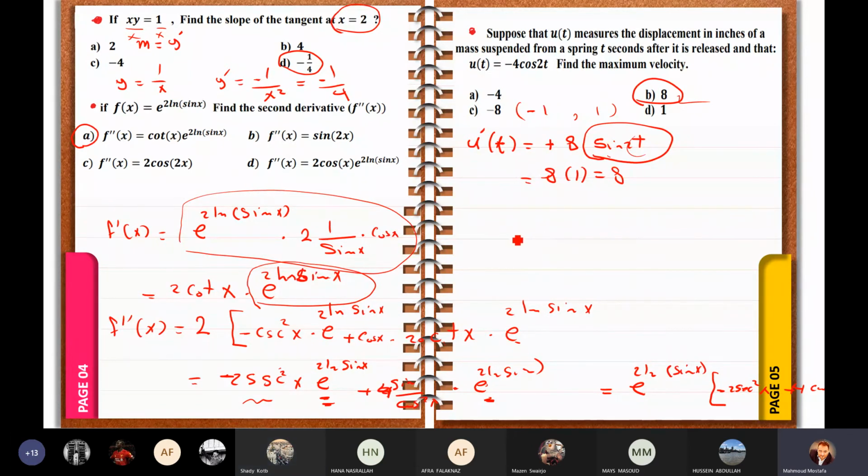So if u of t is equal to negative 4 sine 2t, then the derivative will be negative 8 cosine 2t.